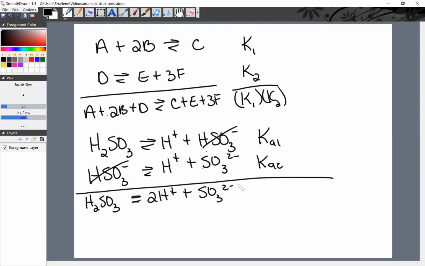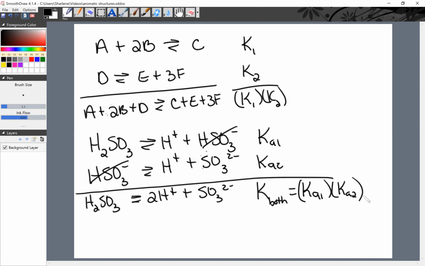And if you want to know this new K value, how do we want to call it? We're going to call it the K of both. It's Ka1 times Ka2. And so we can manipulate those any way we want as long as we follow the rules.